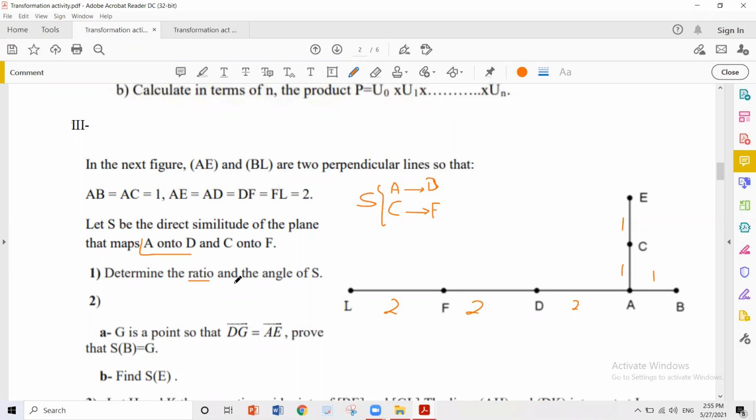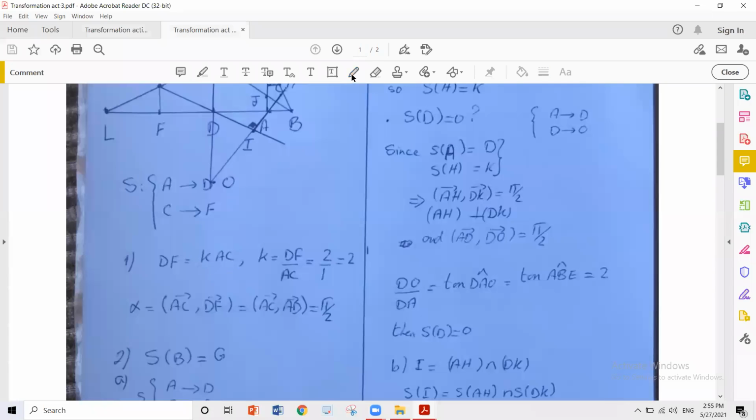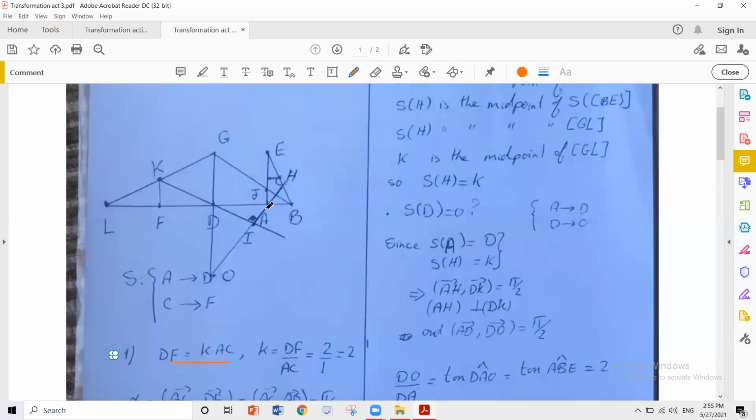DF equals K times AC. So K equals DF over AC. DF is 2. AC, how much is AC?